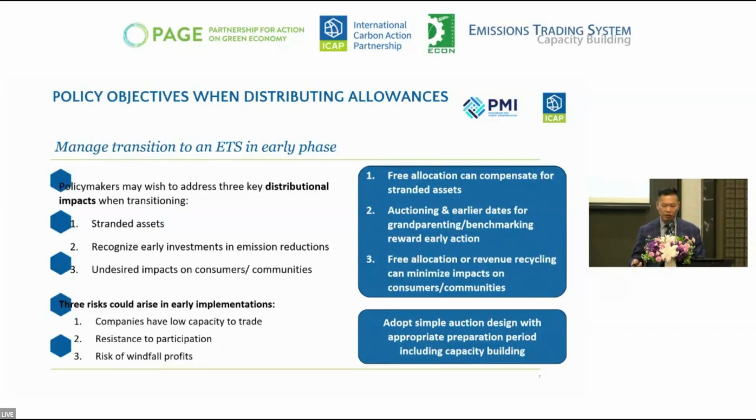So at the very beginning, free allocation could be easier to be accepted by the stakeholders, to compensate their stranded assets.